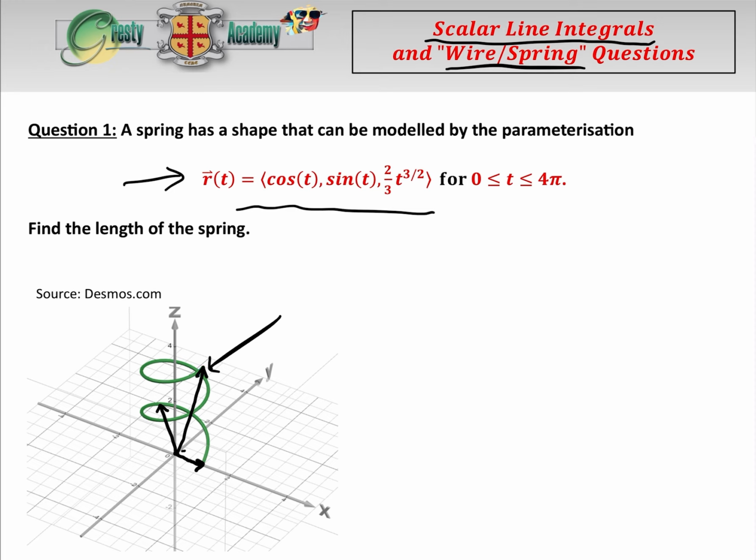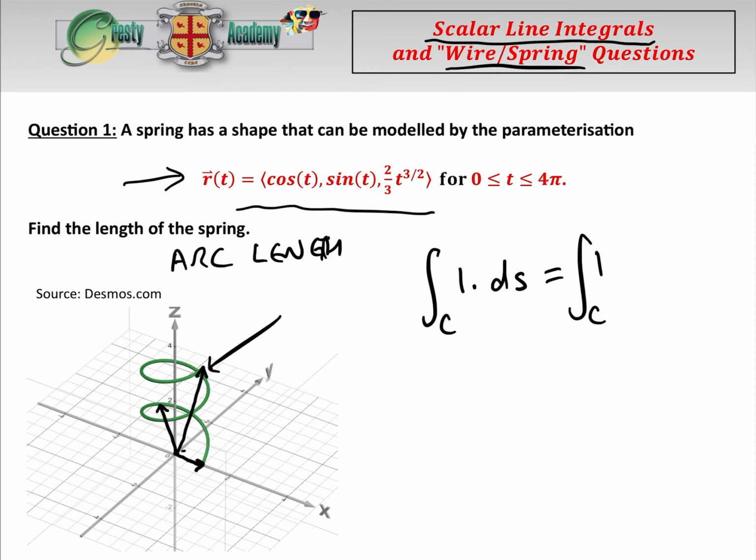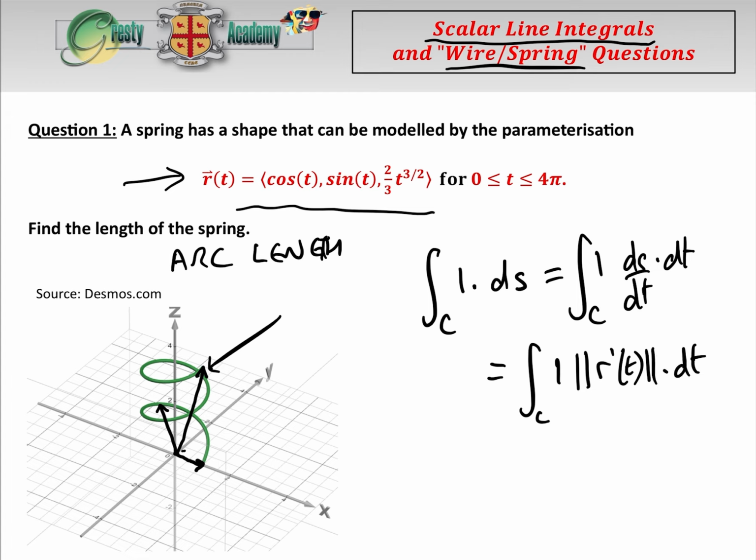Finding the length of the spring is exactly the same as finding arc length, and we've done before in previous videos that arc length is the integral over the curve of 1 ds. That is the same as the integral over the curve of 1 ds/dt dt, which is the same as the integral over the curve of 1 times the magnitude of the derivative of the vector r with respect to t dt.